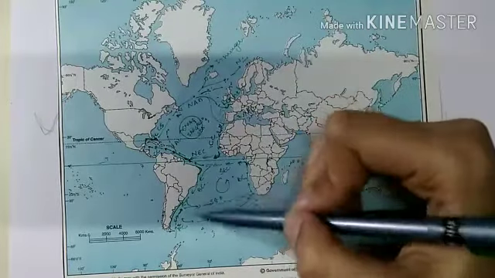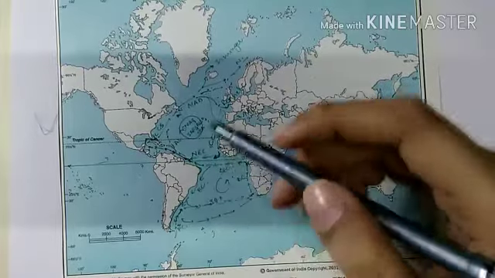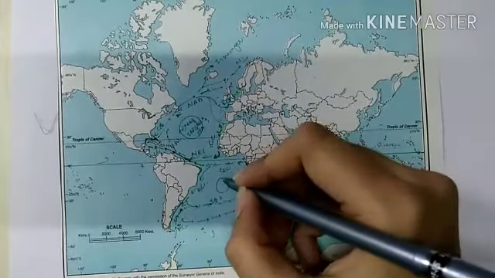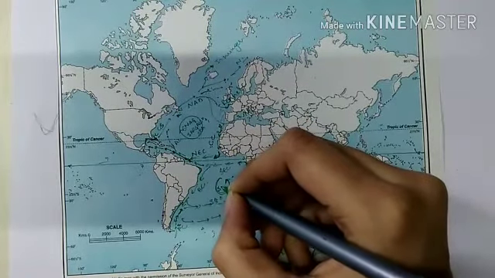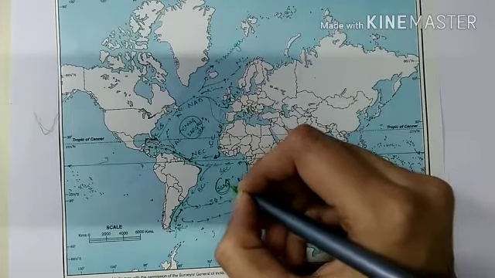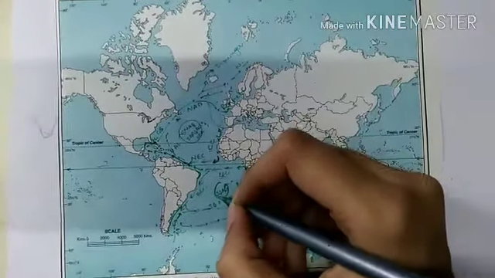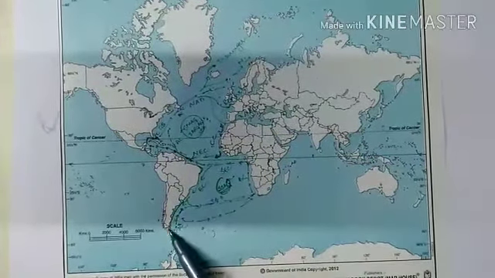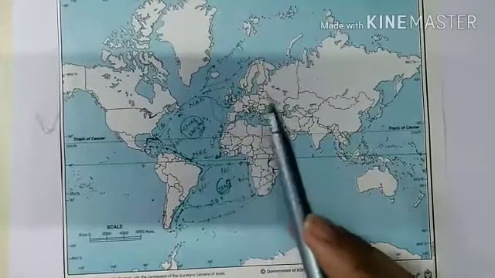So this completes the cycle of the South Atlantic Ocean. And here we have another gyre, known as the subtropical South Atlantic Gyre. So we have the Falkland Current, Benguela Current and Canary Current as cold currents.